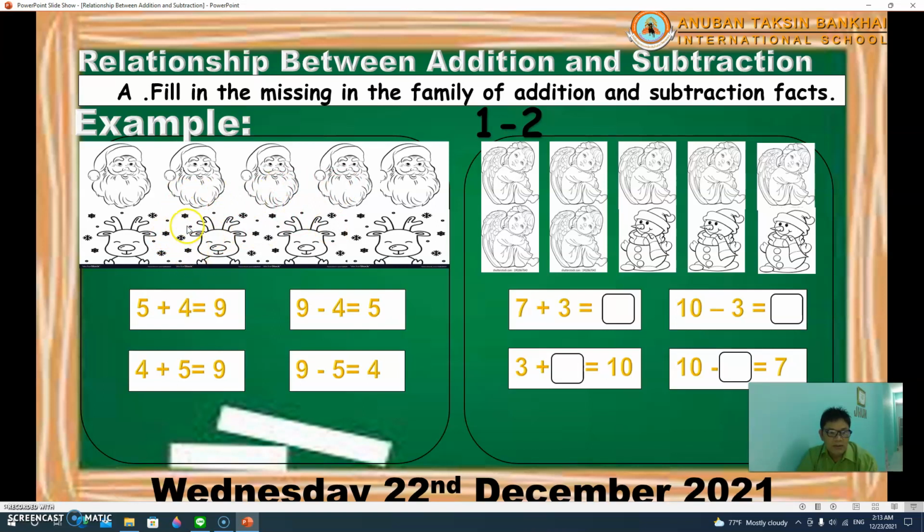We're going to add and we're going to subtract also. 5 plus 4 equals 9. 4 plus 5 equals 9. 9 minus 4 equals 5. And 9 minus 5 equals 4. This is an example.